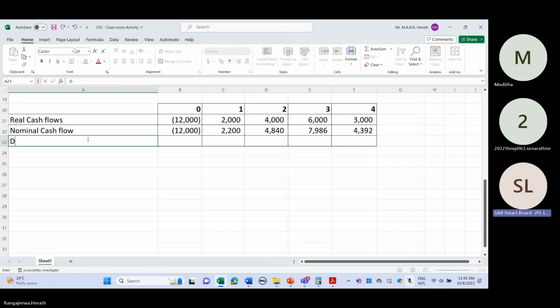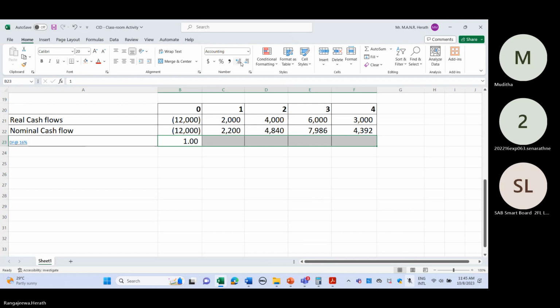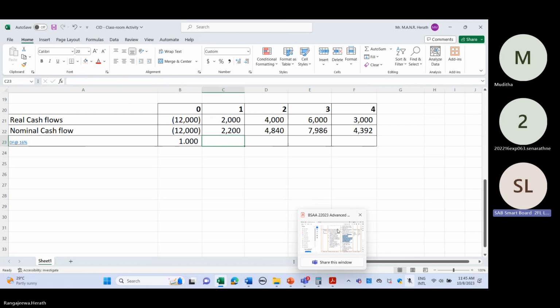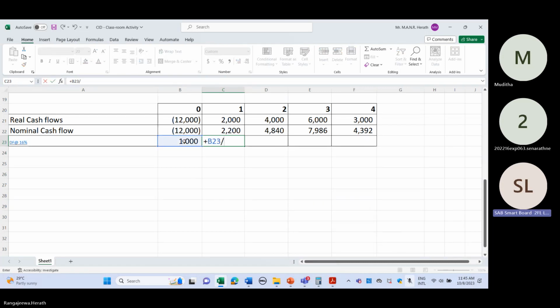Then the discounting factor at 16%. If you want, you can go 1 divide by 1.16 like that, or you can take it from here. Right? I take 1 divided by 1.16 for the first year. For the second year, we divide that answer by 1.16, that is 1.16 to the power 2, divided by 1.16. Or you just refer to the present value table, right?